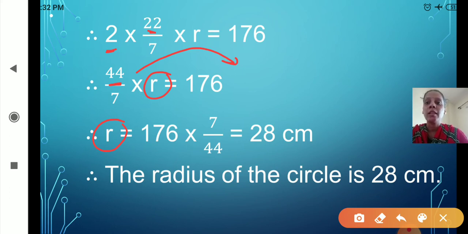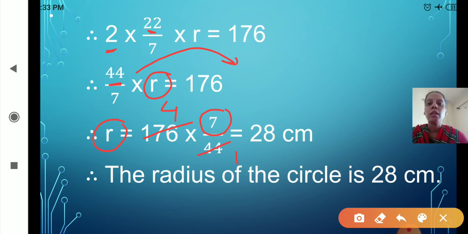Now you can cancel this 176 by 44. 44 ones are 44, 44 fours are 176. So now here it is 4 in the numerator, multiplied by 7. So 7 fours are 28. So the answer, the radius, is 28 centimeter. Then you write the final statement: Therefore, the radius of the circle is 28 centimeter.